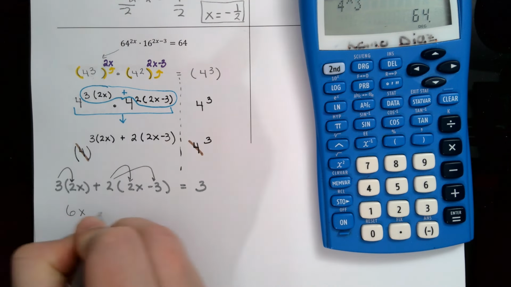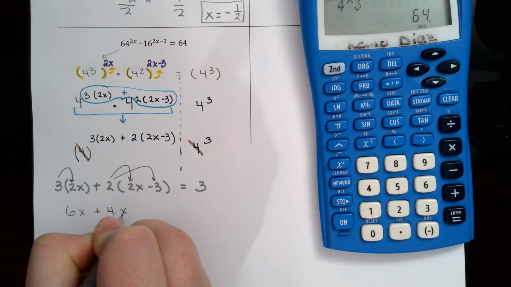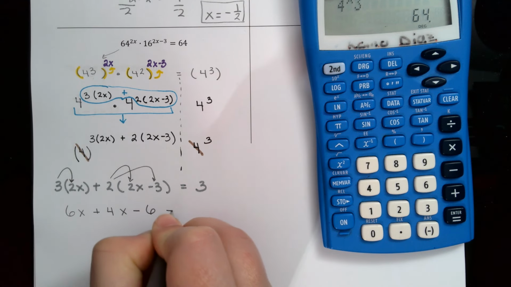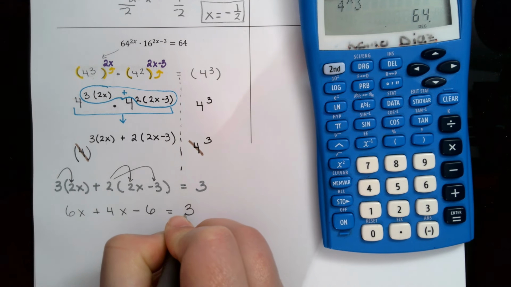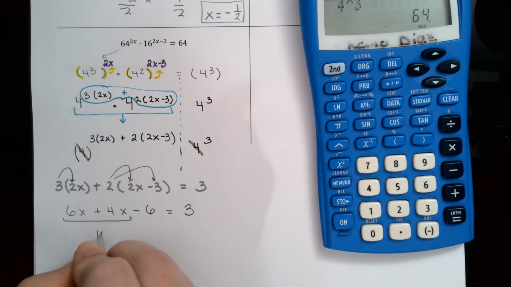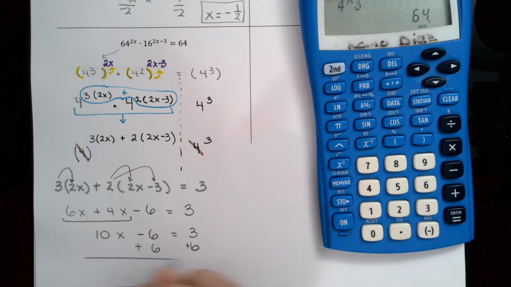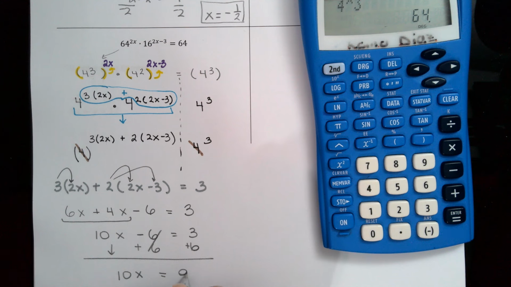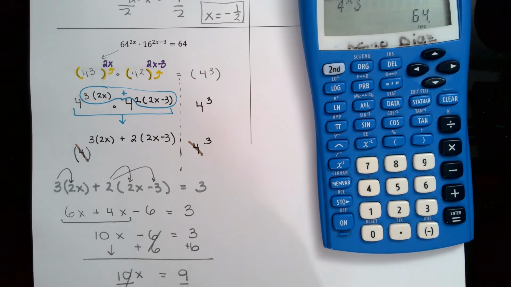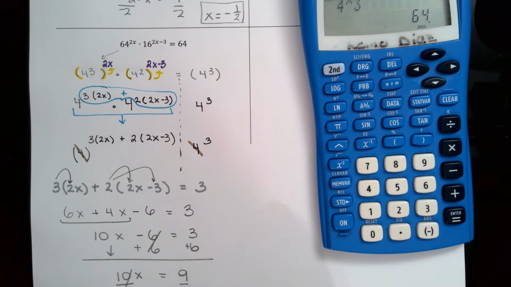We get 6x plus 4x minus 6 is equal to 3. Combining like terms, we get 10x minus 6 is equal to 3. Adding 6 to both sides, we get 10x is equal to a positive 9. Divide by 10, divide by 10. X is then equal to 9/10.